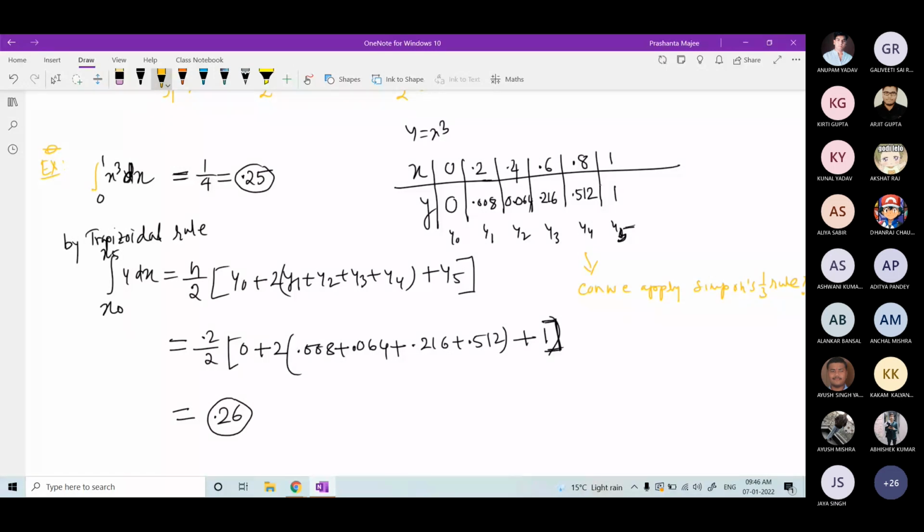Okay, fine. So you got the idea how to do numerical integration. You create the data points from the integrand.